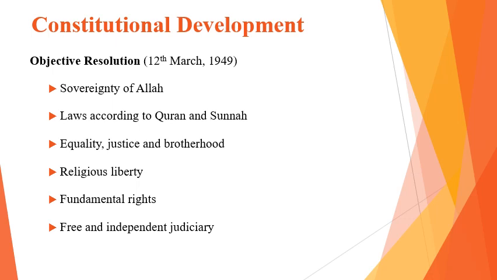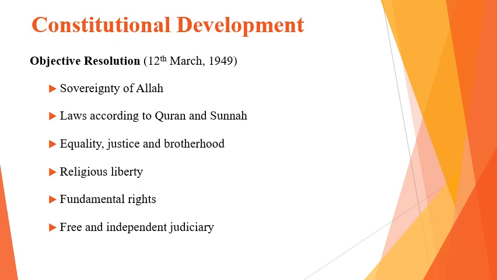For instance, on 7th March 1949, the lawmakers made some rules. They gave those rules the name of objective resolution. And formally, the objective resolution was passed by Liaquat Ali Khan on 12th March of 1949 in the Constituent Assembly.